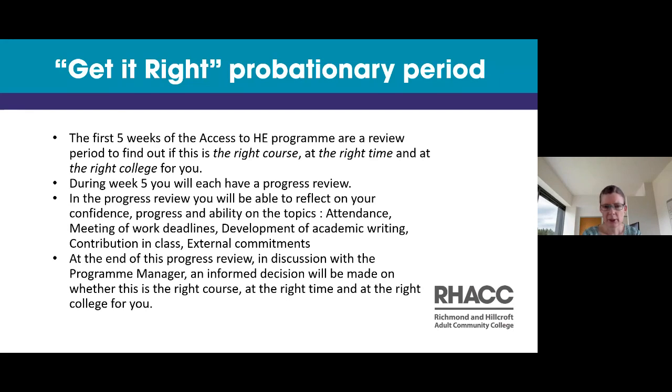At the end of this progress review, in discussion with the programme manager, an informed decision will be made on whether this is the right course at the right time at the right college for you.